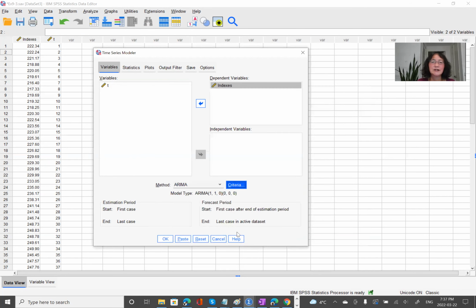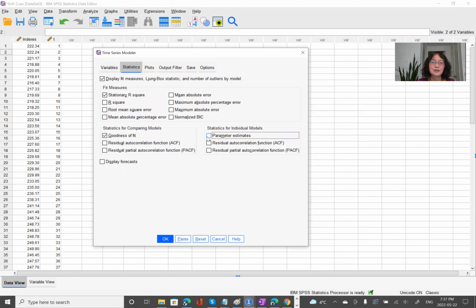Okay, click continue. And then Statistics, Parameter Estimate, Display Forecast. So this data we have 65 cases. We want to forecast 66.